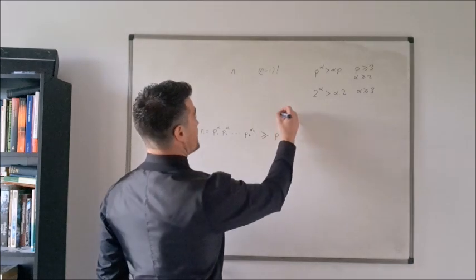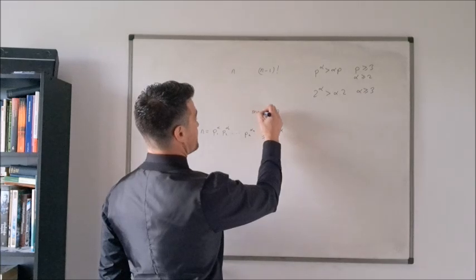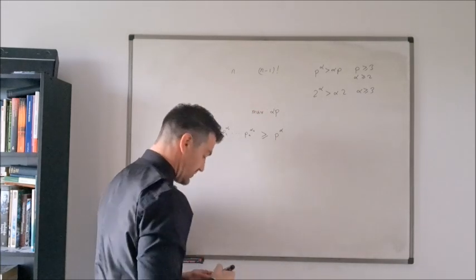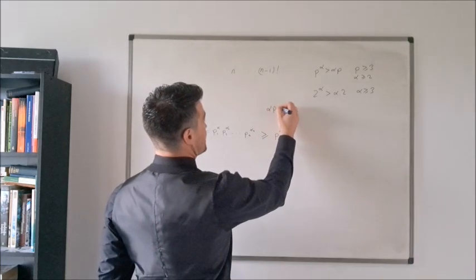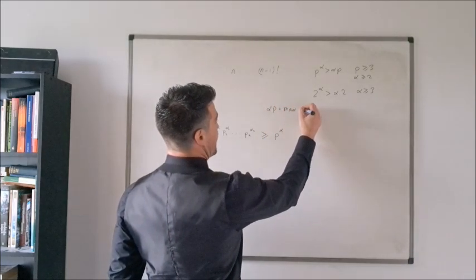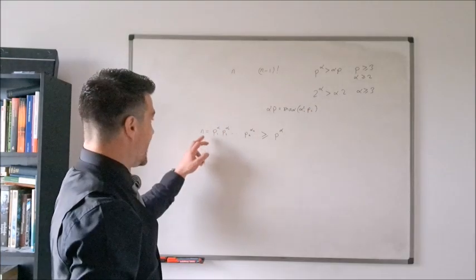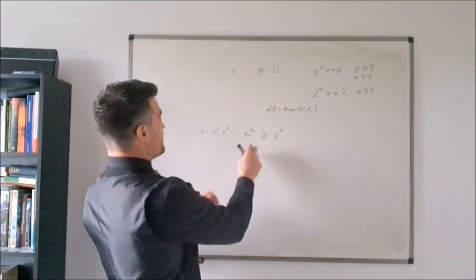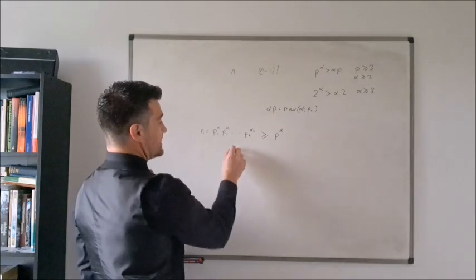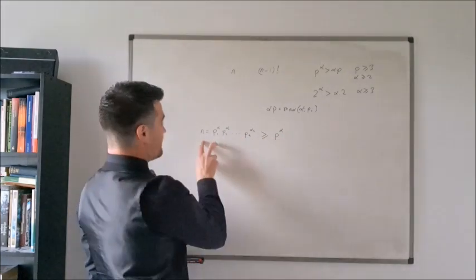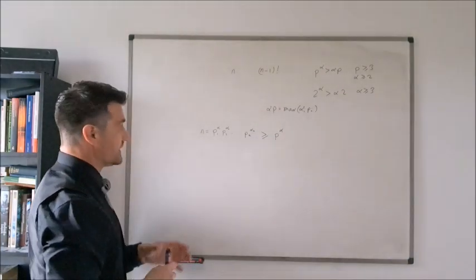So remember, alpha p is equal to the maximum of the alpha i p i. Okay, so n, because it's the product of all of these primes, we're selecting one of these out that satisfies this. And therefore n is necessarily going to be greater than or equal to p to the power of alpha.